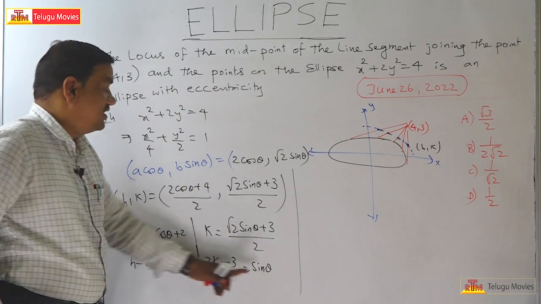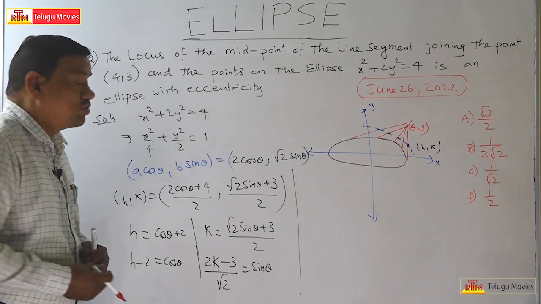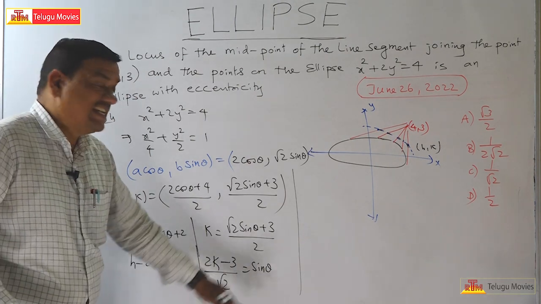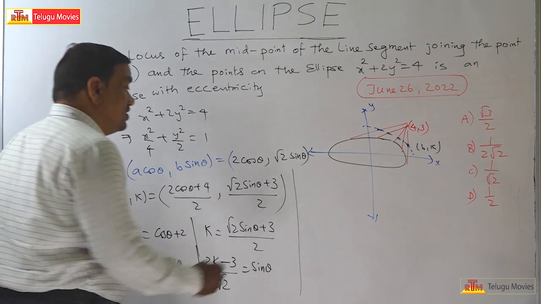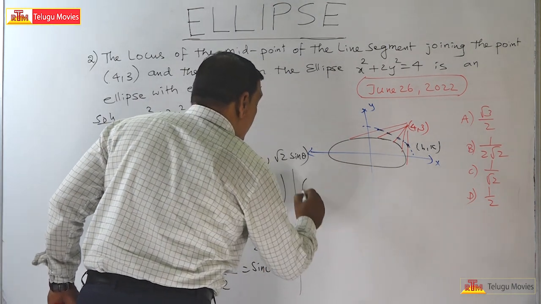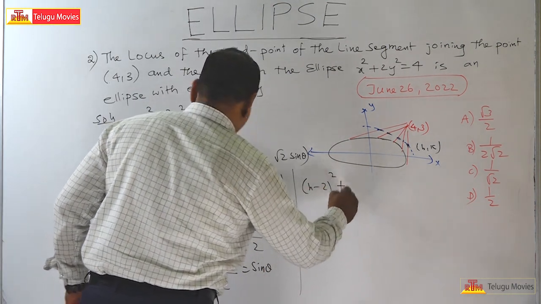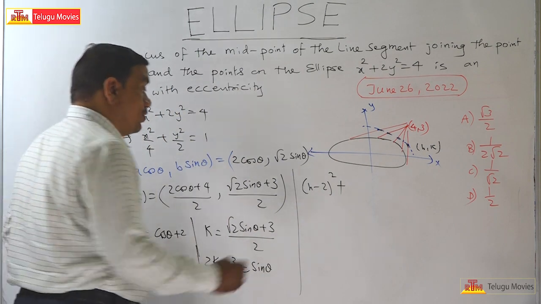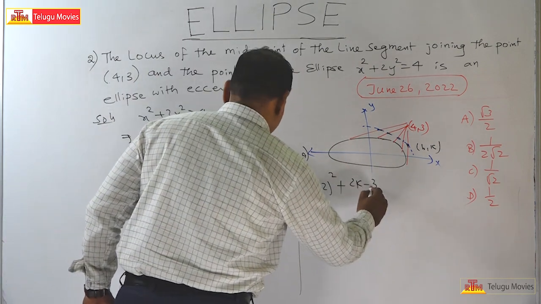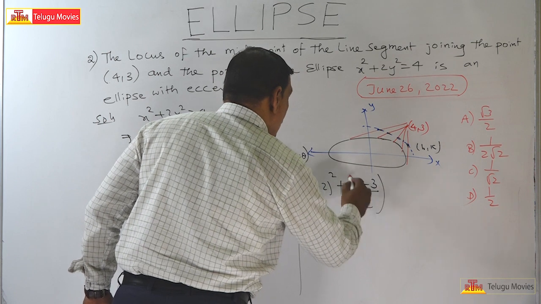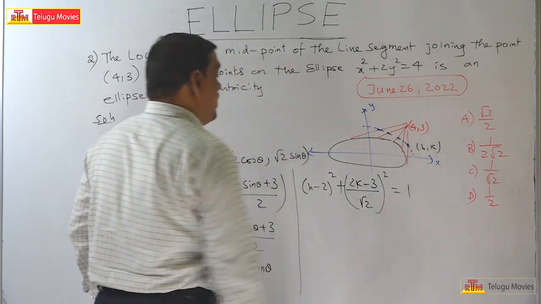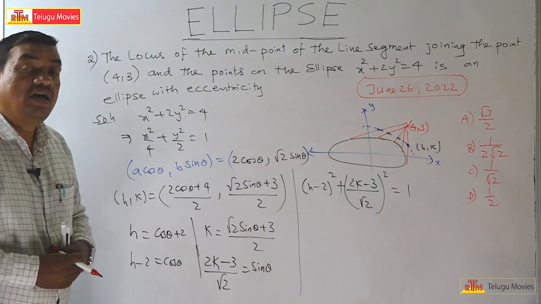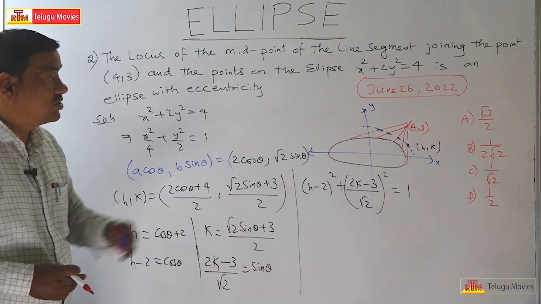So, we got cos theta and sin theta. Squaring and adding, cos square theta plus sin square theta is equal to 1. So, we will get (h minus 2) whole square plus ((2k minus 3) by root 2) whole square is equal to 1. That is the equation of the locus of that curve.